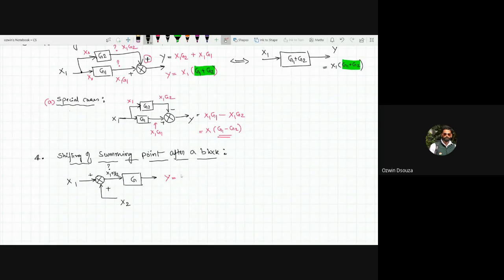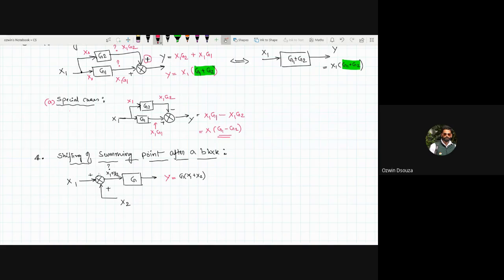So y is equal to G times (x1 plus x2). Okay, so this is the output in the as-it-is condition. Now over here, what we are trying to discuss is shifting the summing point after a block. The summing point is over here.